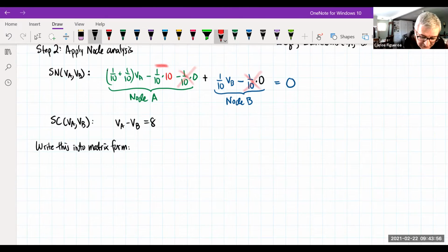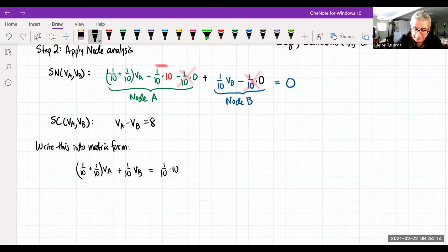So what you're really seeing is the equation VA, then I get plus 10 VB, and then I'm going to take that red 10 value term to the other side, which is going to read 1/10 times 10. That's my first equation. And then you can see here that this guy is VA minus VB, and on the other side is 8.